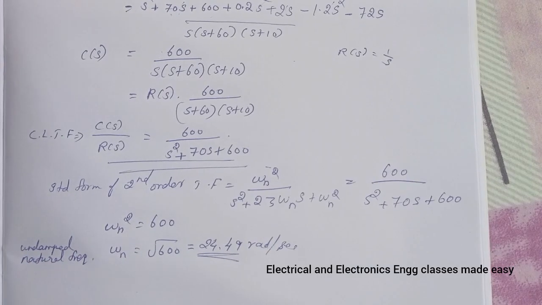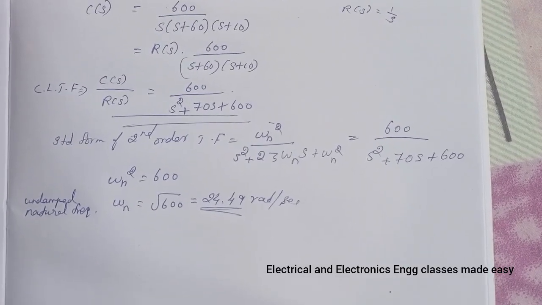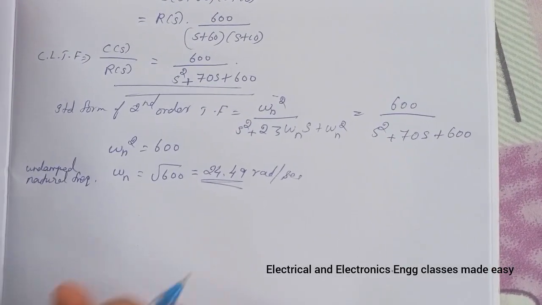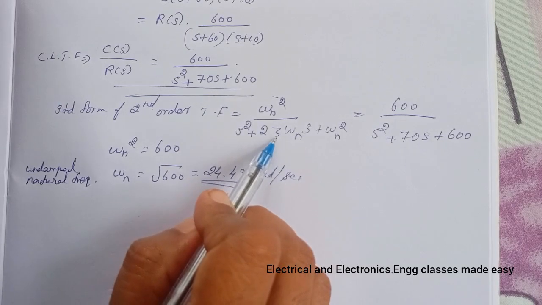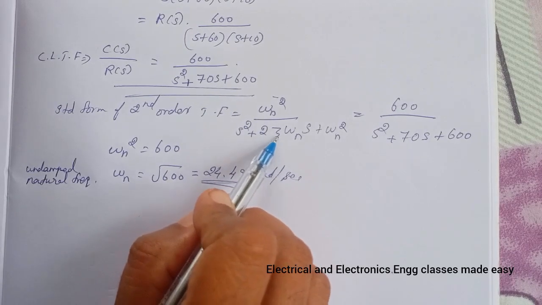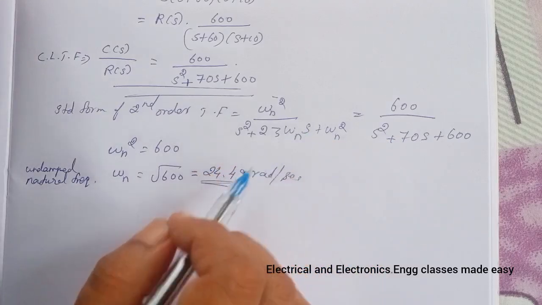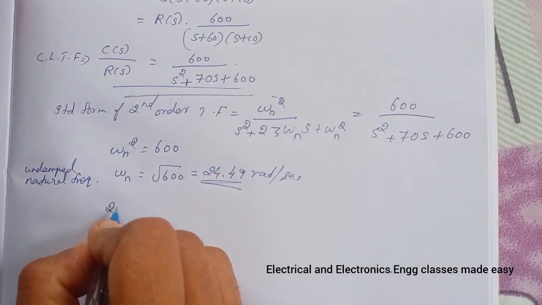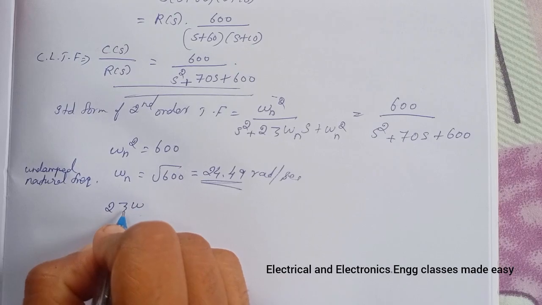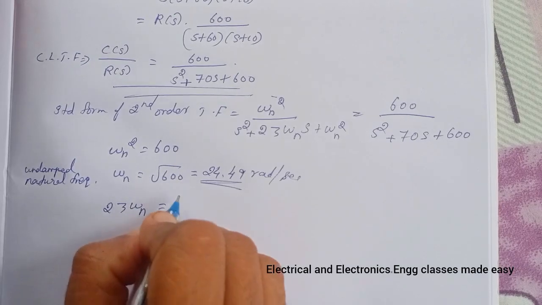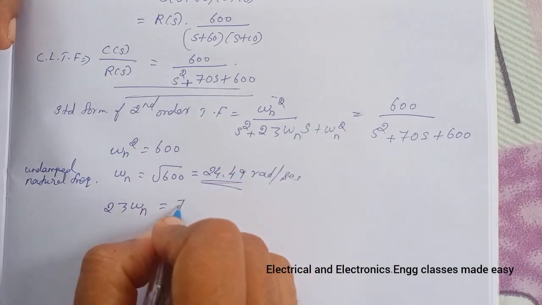Now we have to find the damping ratio zeta. 2 zeta omega n s is equal to 70s. That is, 2 zeta omega n equal to 70.